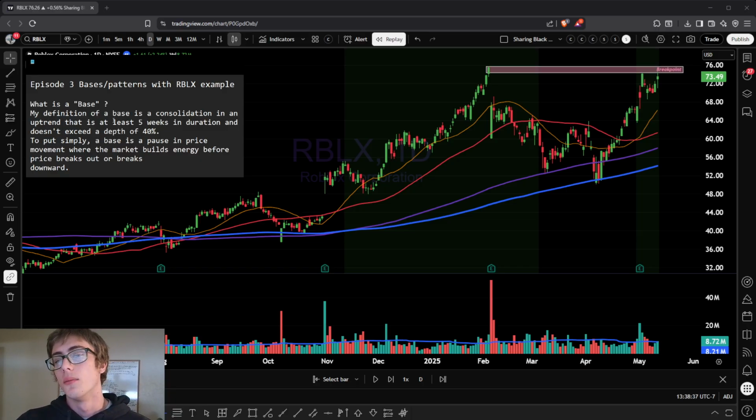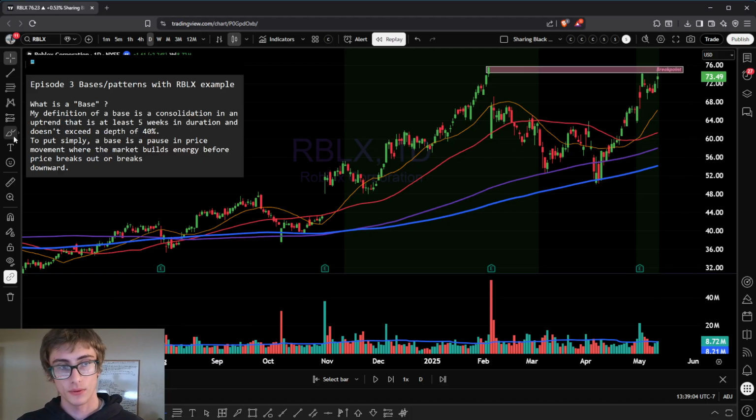My definition of a base, I'm sure people have different definitions, of course, is a price consolidation while in an uptrend that is at least 5 weeks in duration and doesn't exceed a depth of 40%.